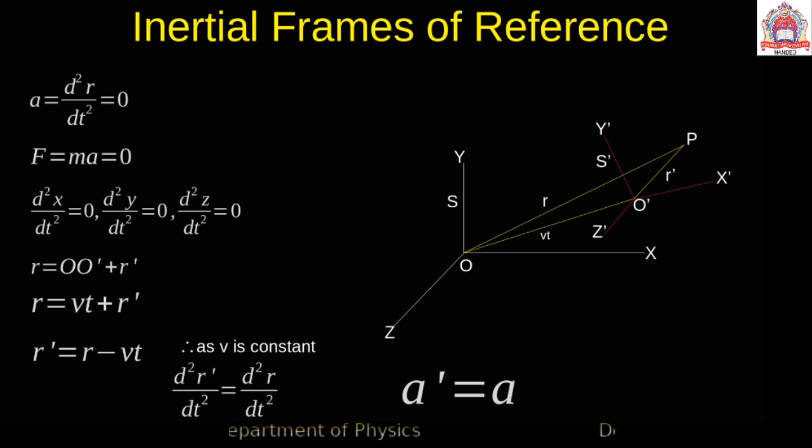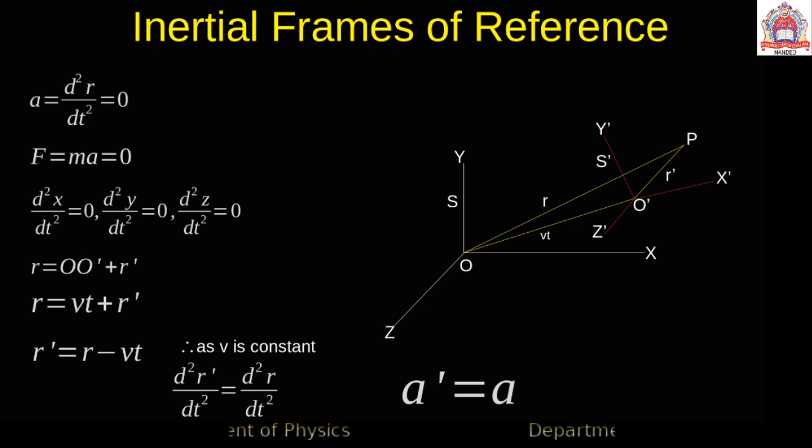So the inertial frames are unaccelerated frames, because if the frame is accelerated, a particle whose velocity is constant will appear accelerated in this frame. If the observed acceleration of a body of mass m in an inertial frame is a, then in such a frame the force is given by F is equal to m into a.